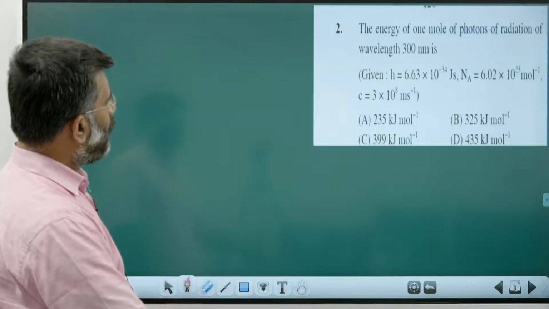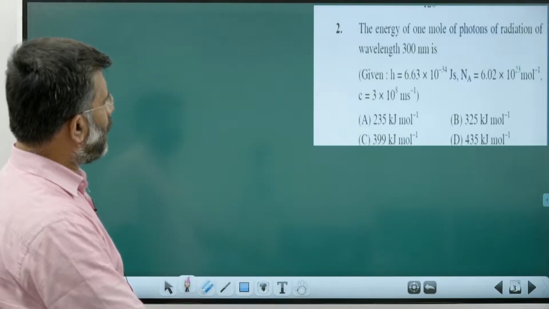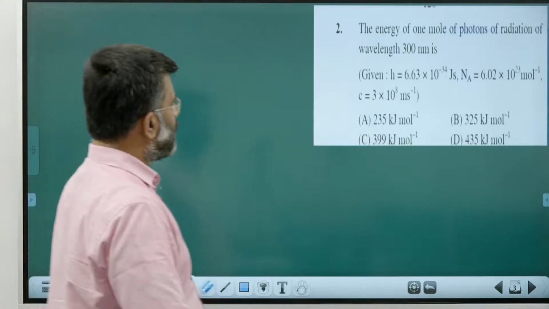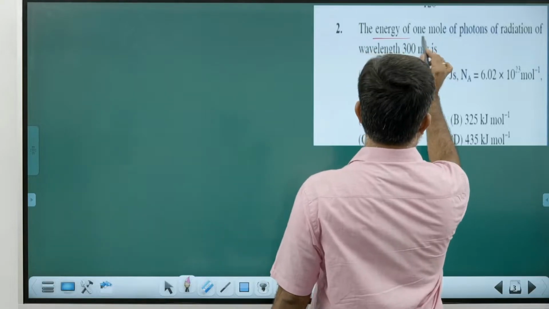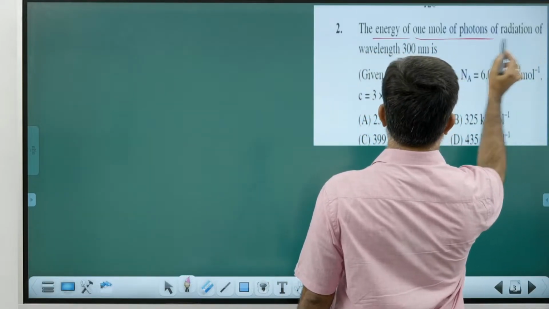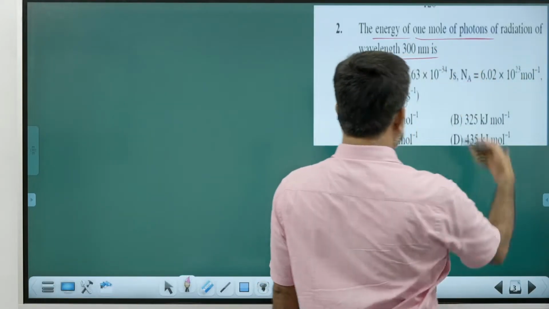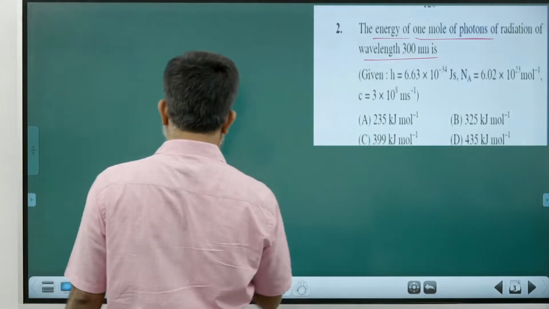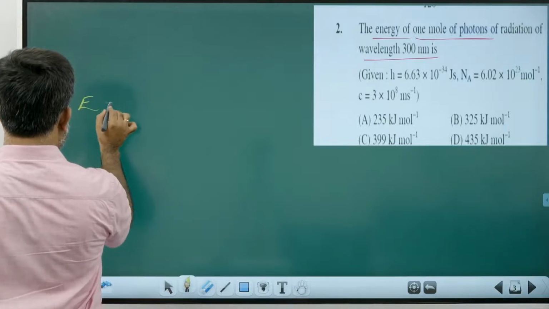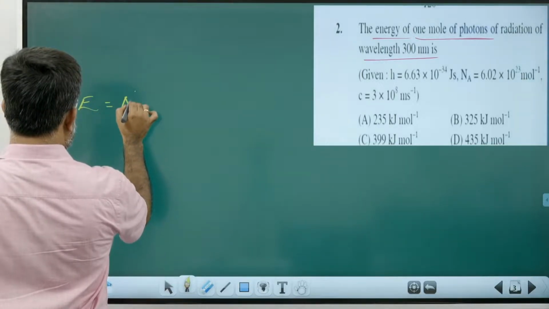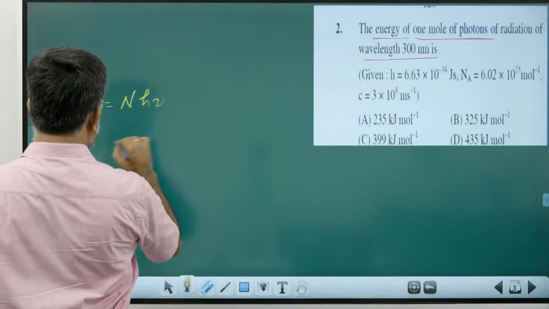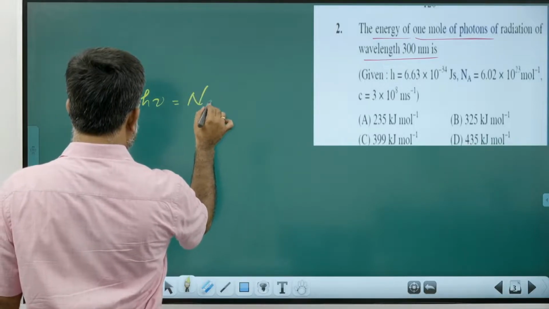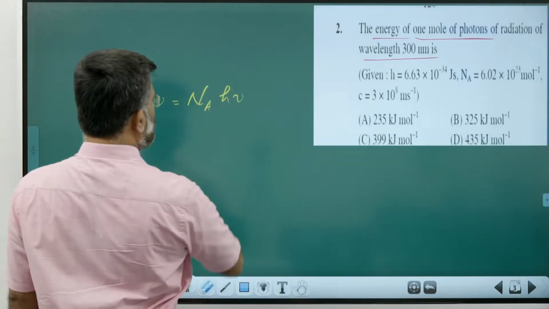The energy of 1 mole of photons of radiation of wavelength 300 nanometer. So how do you find energy? Energy E is equal to N h nu. For 1 mole, it is Avogadro number into h nu.